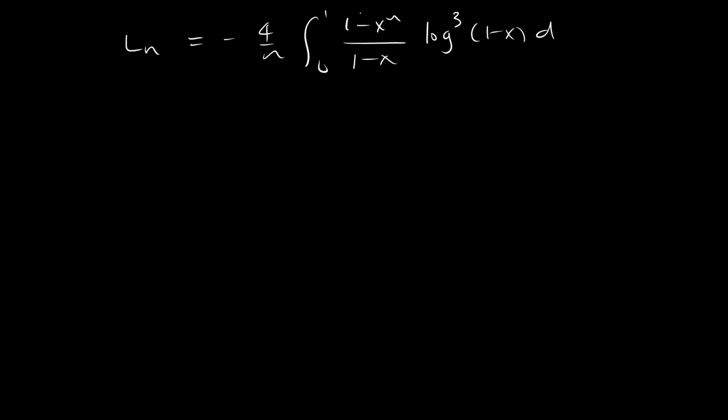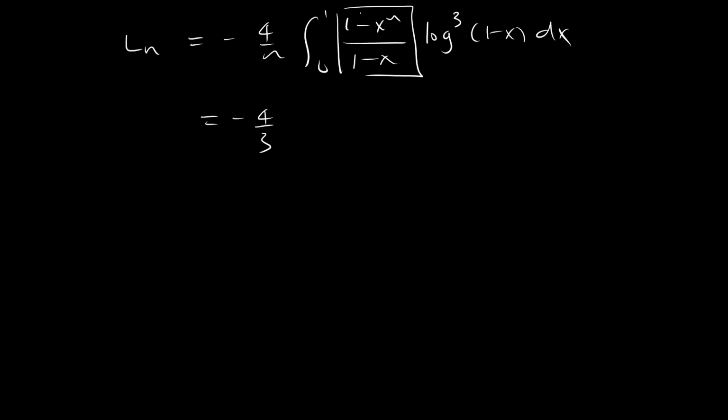Okay, so since our problem ln has come to this, rather, let's delete that. It's the integral of 1 minus x to the n over 1 minus x, times log 3 of 1 minus x, dx. And this can be expressed as an arithmetic progression sum.